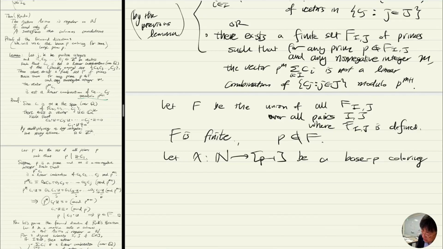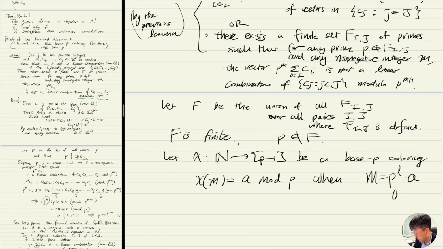So what is a base p coloring? Let me remind you. The chi of an integer m is a modulo p, where m is p to the l times a, and a is not divisible by p.